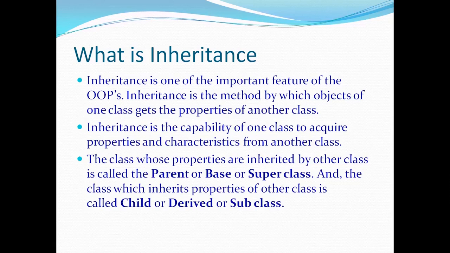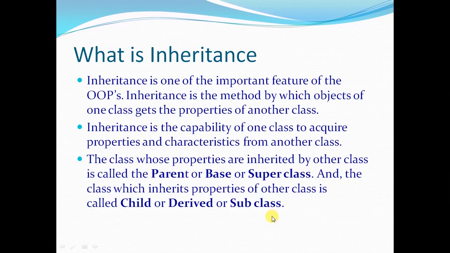The class whose properties are inherited by another class is called the parent class, also known as the base class or superclass, and the class which inherits properties of the other class is called the child class. It is also known as derived class or subclass.